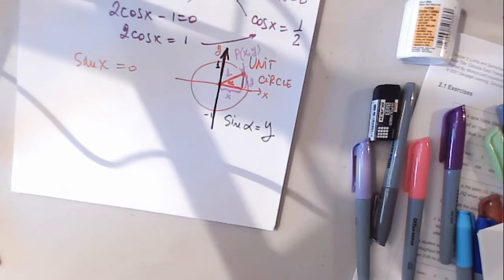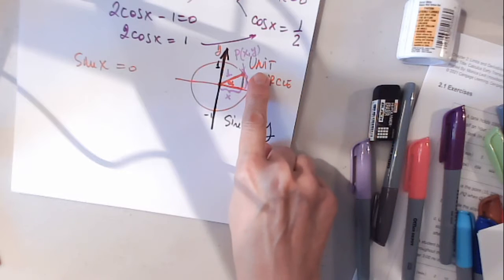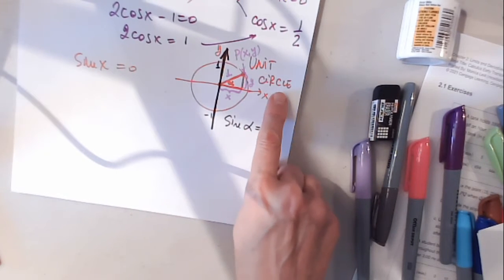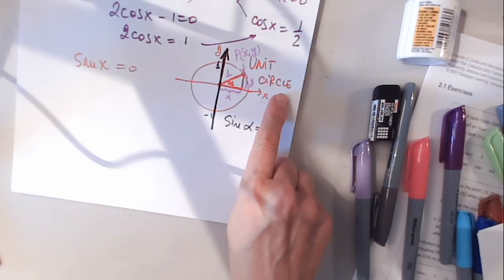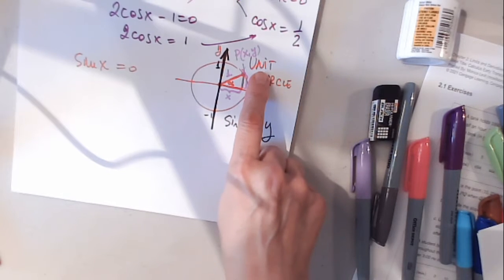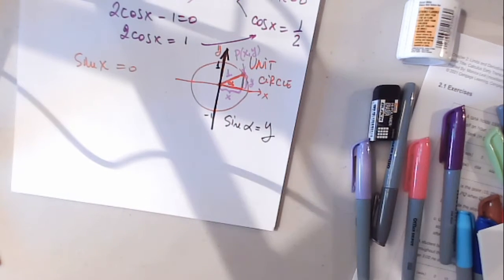Is that a 1 right on the hypotenuse of the triangle? Unit circle, which means the radius is 1. Is that clear?